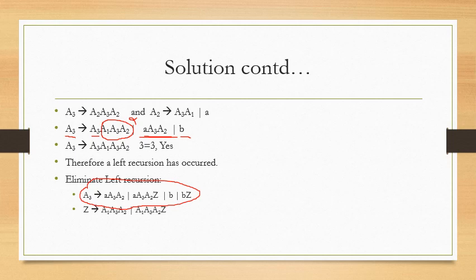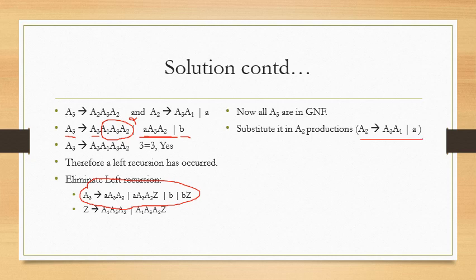Now this A3 must be substituted in the A2 part. When you are doing the substitution, you have to be very careful not to miss out any productions and also not to miss out any variables. Now that all the A3 productions are in GNF, you are going to substitute in this A2 production. A2 production is already in GNF. For this A3 alone, I am going to do the substitution. A3 has 1, 2, 3 and 4 productions.